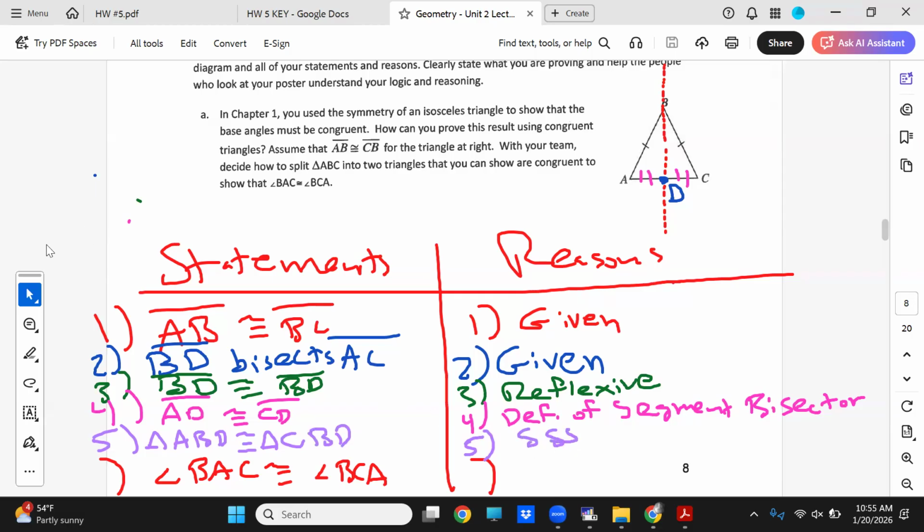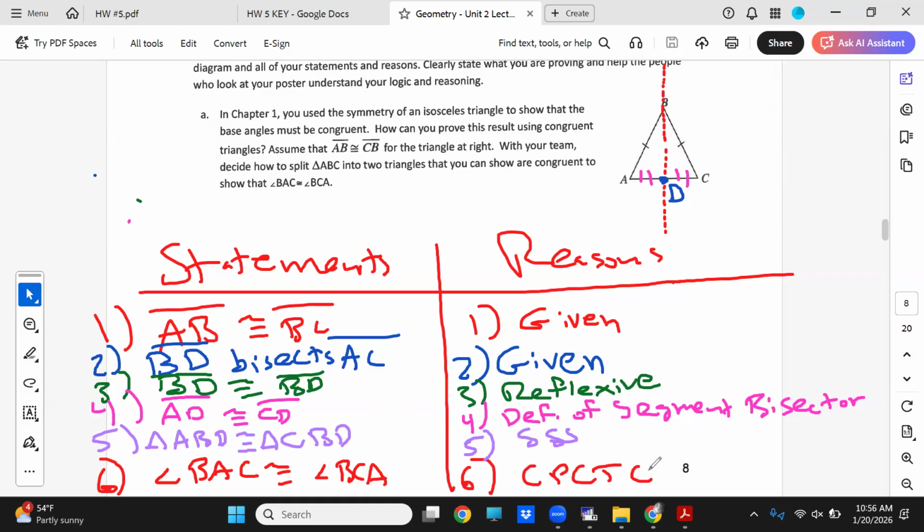So we ended up doing ourselves a 6-step proof. And then lastly, CPCTC. So that's how I can prove that the angles opposite congruent sides are the same.